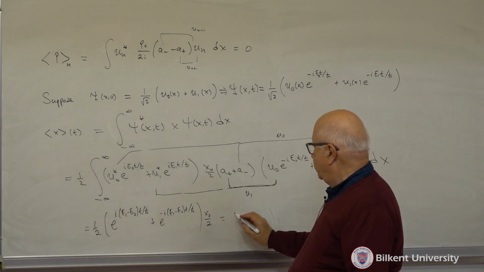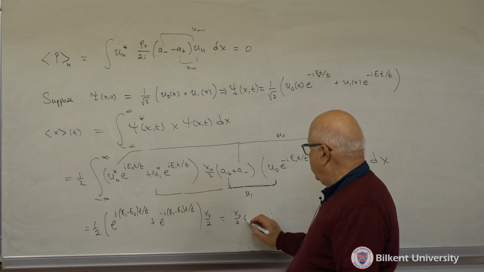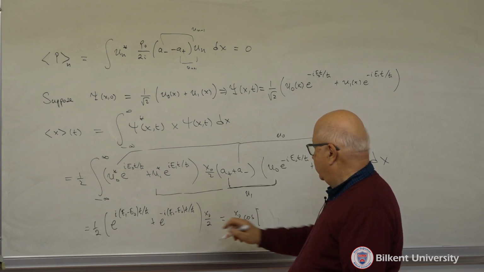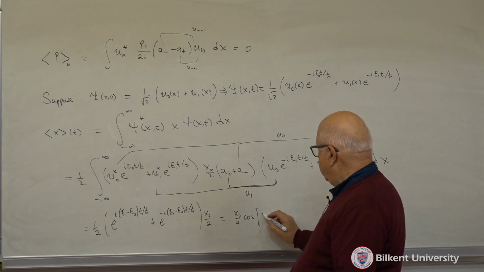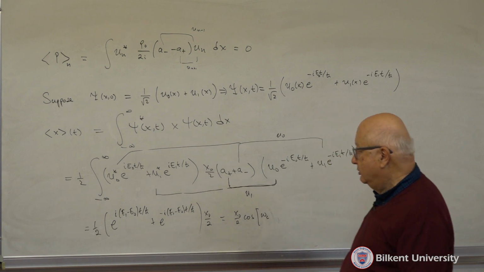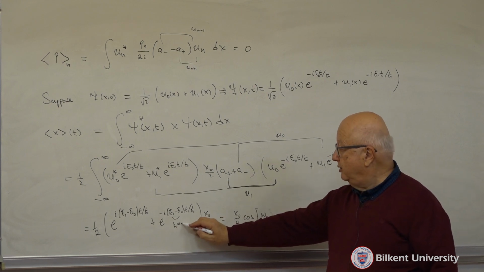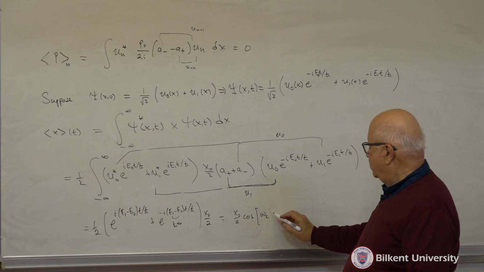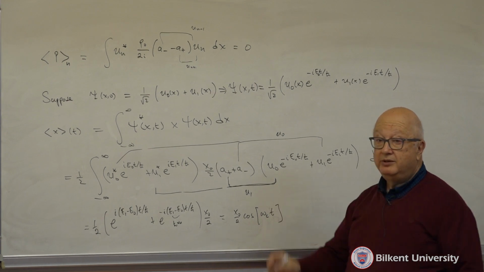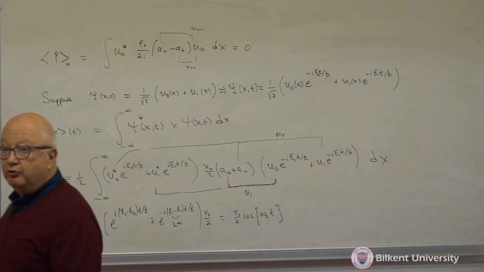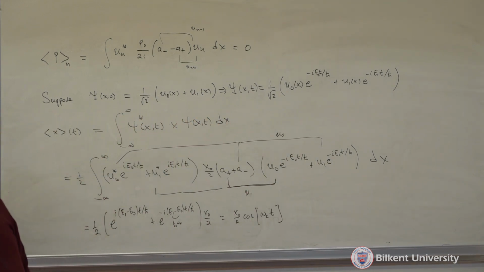So I end up with x0 over 2 cosine of omega c t, where omega c is the classical frequency of oscillation, right? E1 minus E0 is h bar omega c. So the x oscillates with the classical frequency of oscillation back and forth. Okay? So that is an interesting result.